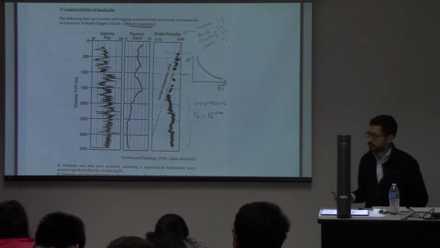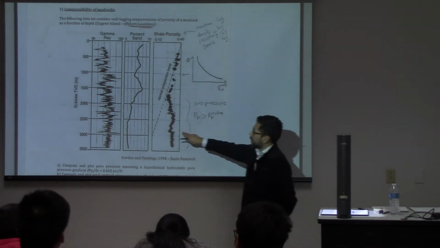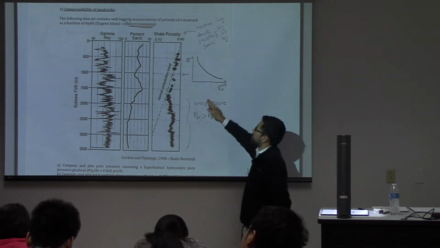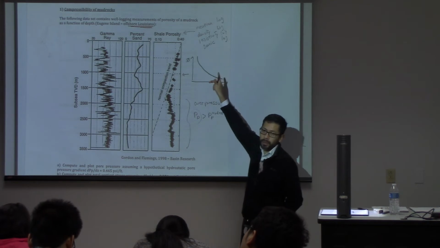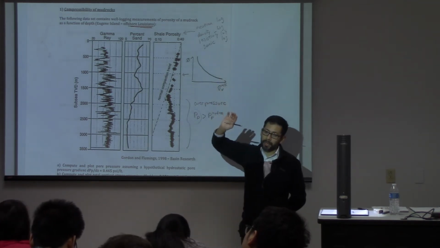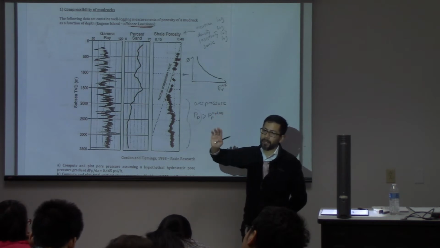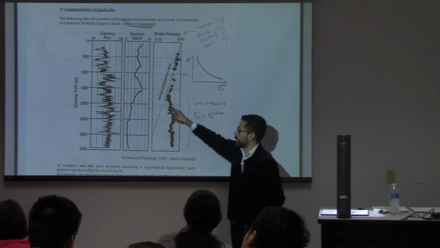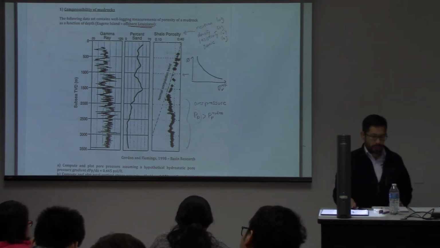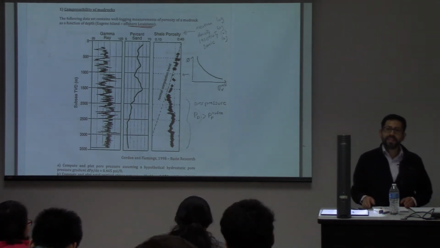Sometimes you can also use samples to help calibrate your equations a little bit, because all of those are equations, and they are not necessarily all the time very accurate. So with the actual measurement, you can calibrate those. It's really hard to sample sands.